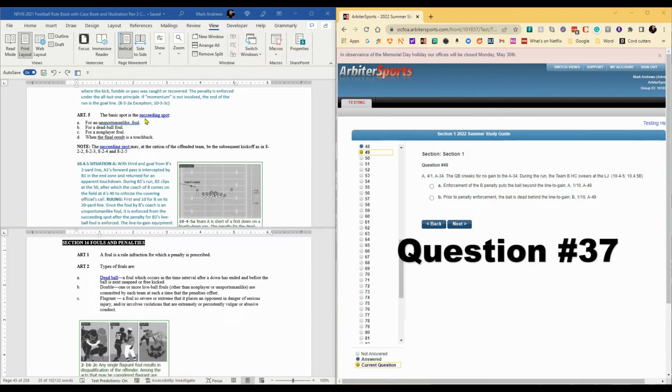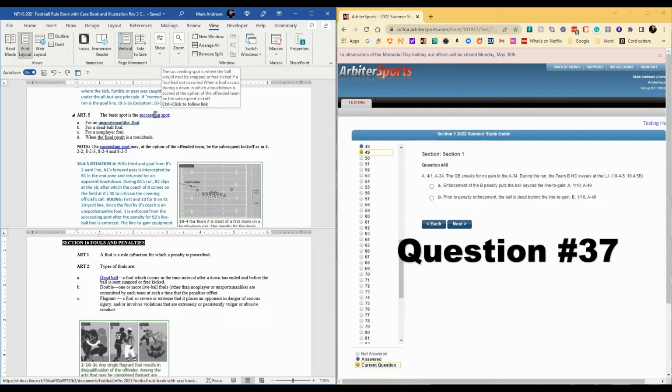The basic spot is the succeeding spot for an unsportsmanlike foul. So a succeeding spot is where the ball would next be snapped or free kicked if a foul had not occurred. Now, we're not going to touch the second part because it's what happens when a touchdown occurs, and we haven't had that yet.